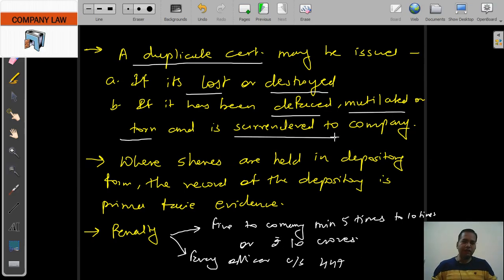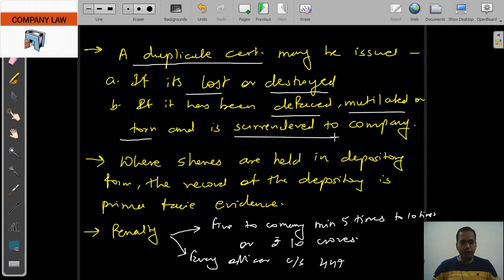So let's assume that a share certificate is torn, and that share certificate is produced before the company, and the company will have to take it into custody. The company will have to issue the new share certificate to the shareholder. And always remember, it is a practice followed by companies to write on the front side or the top of the line that the new share certificate has been issued in lieu of the old share certificate.